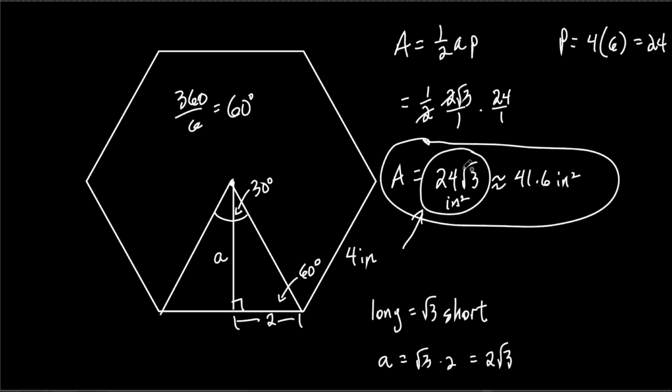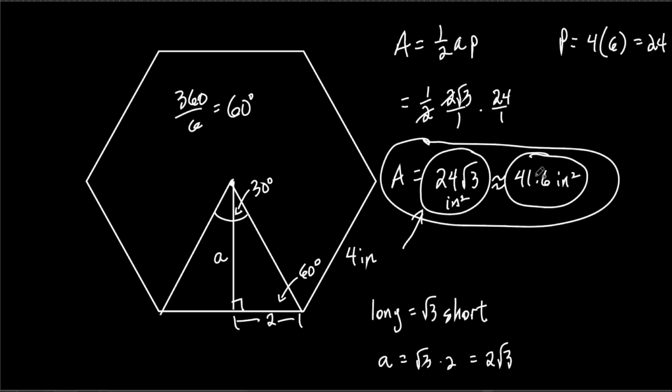We good? I said about 2 seconds ago that if you wrote the decimal, then that would be fine as well. But my preference is you just keep it 24 square root of 3. Right with me? Why did I give that reason? Why do I prefer you just keep it like this? This is the exact answer, that's true, but it just takes extra time to get your calculator out, punch it in, get a number, right?